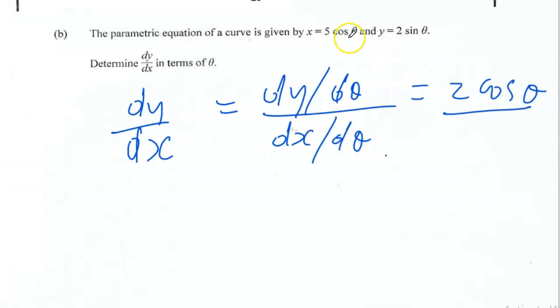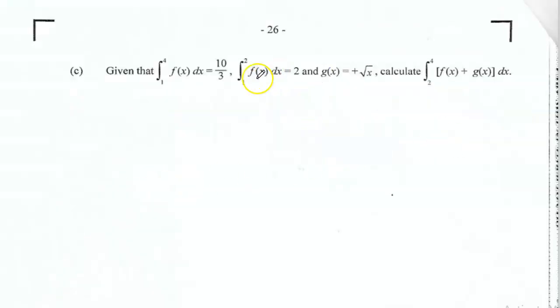And dx by d theta: differentiate 5 cos theta, differentiate cos is minus sin, so minus 5 sin theta.